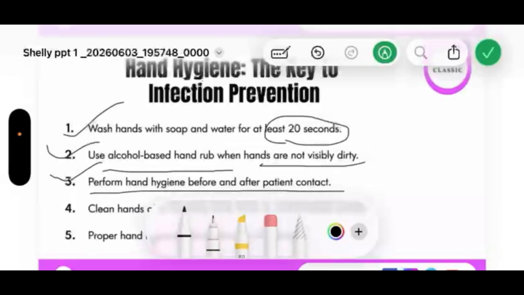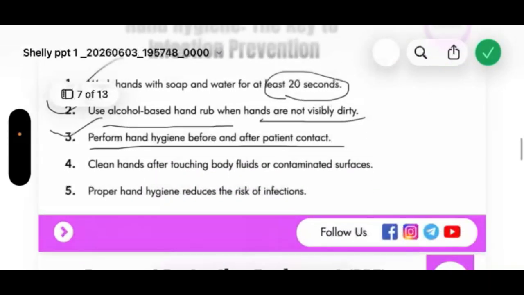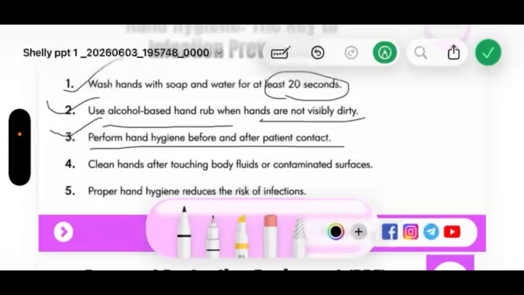So we know that before and after touching the patient, it is very important to keep your hands clean. Otherwise, that is a main source of spreading infection. Then clean hands after touching body fluids or contaminated surfaces.